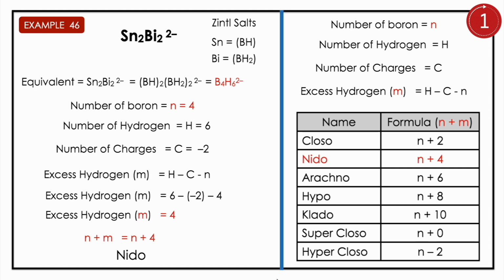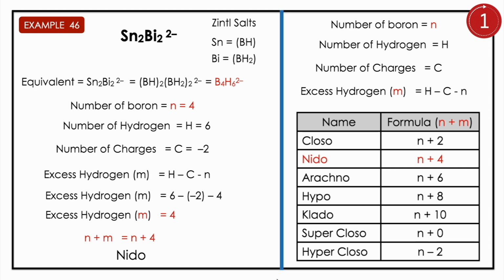First step will be counting the boron. There are 4 boron, so N equals 4, and 6 hydrogen, so H equals 6. Charge is minus 2, so C is minus 2. So the excess of hydrogen will be H minus C minus N. If you substitute the values, 6 minus minus 2 minus 4.